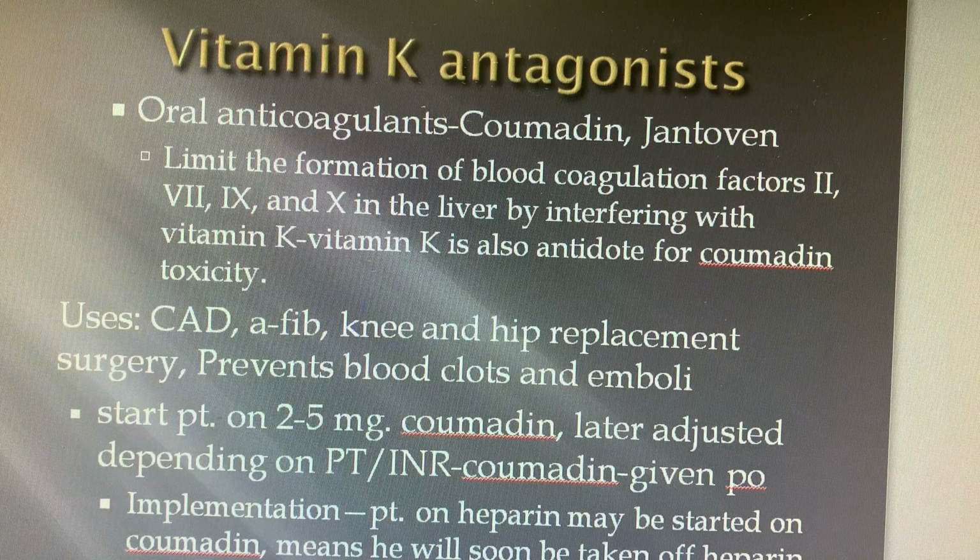When the vitamin K cannot get to those factors or is limited, the time it takes to form a clot is going to be lengthened. So we would say that our bleeding time would be longer.